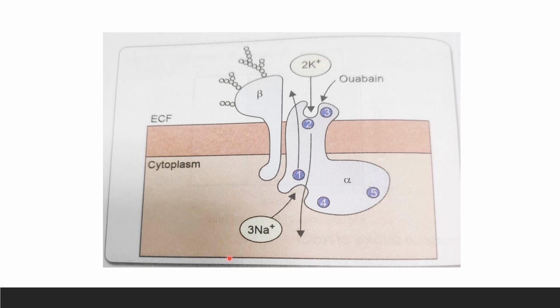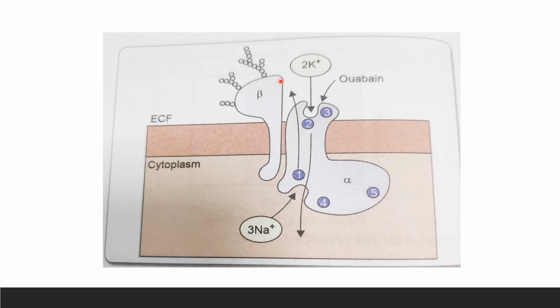So what is the function of the sodium potassium ATPase pump? It utilizes energy to move 3 sodium ions from inside to outside of the cell and 2 potassium ions from outside to inside the cell. In case of potassium, the movement is against the concentration gradient but along the electrical gradient, because inside it is negative, it will obviously attract the positively charged ion.